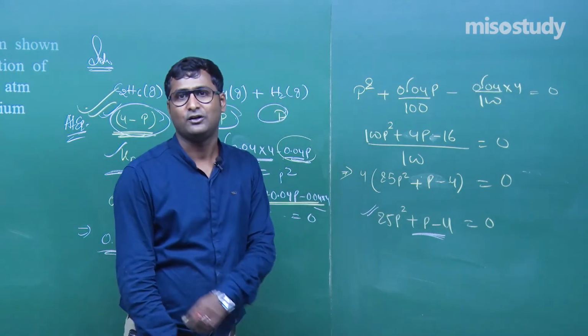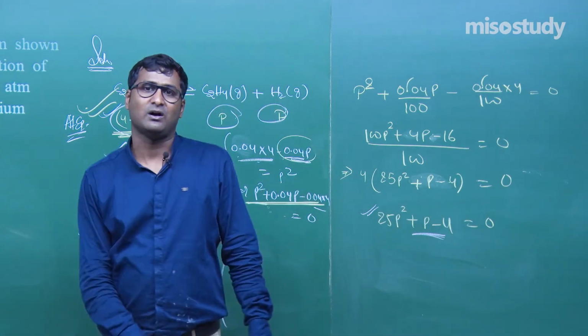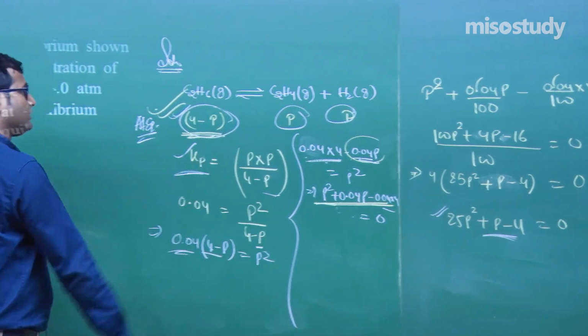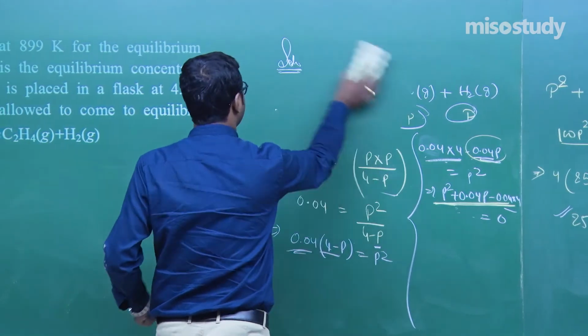Now you can get the value of P. Am I right? The questions are tough, but it will definitely help you a lot if you have command over the theory. Clear? Now I am going to rub this and we will discuss the next segment.